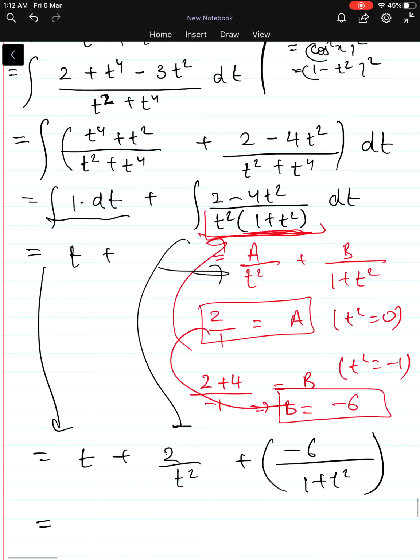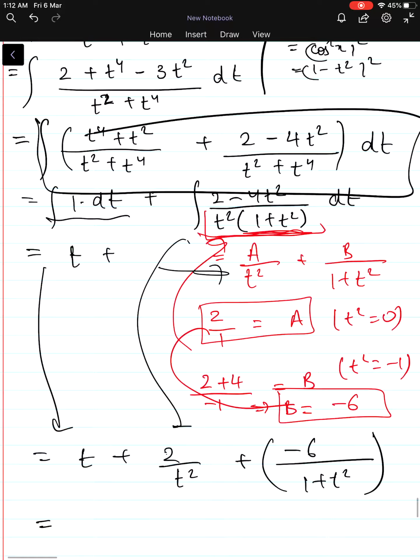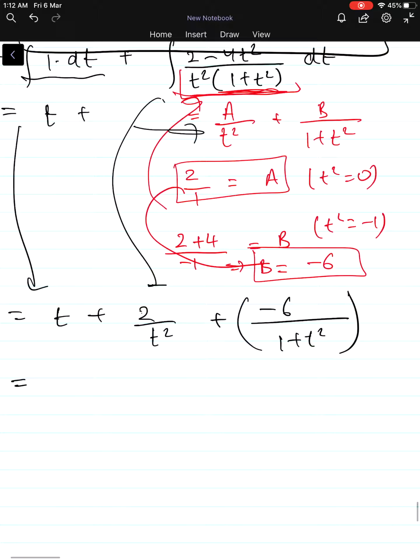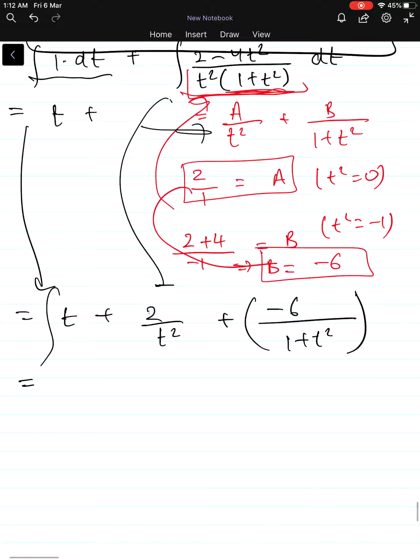Now the integration of this whole thing has been boiled down to integrating this part. The first part we have already integrated.